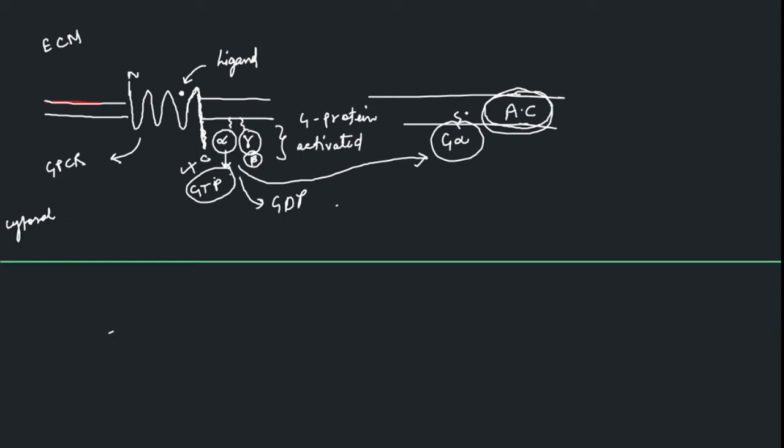So this G alpha will go to adenylyl cyclase and activate it. Adenylyl cyclase, upon activation, by its hydrophilic domain, converts ATP into cyclic AMP, right? It leads to the generation of cyclic AMP, and once cyclic AMP is generated, it will perform its functions.